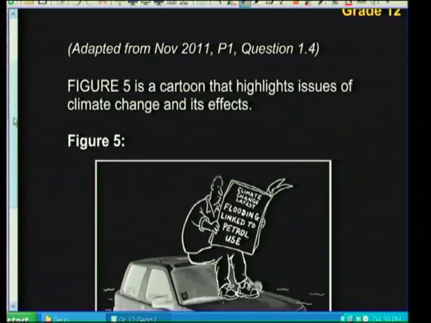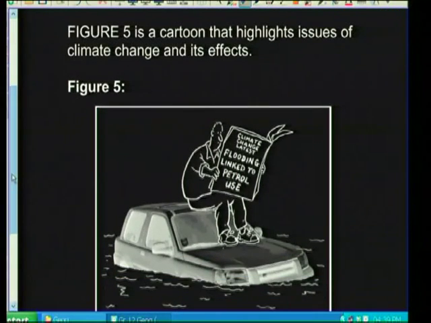This was quite interesting. It was question 1.4 on the 2011 paper. It shows us here an issue of climate's latest change, flooding linked to petrol use. In here also it talks about climate change and its effects.